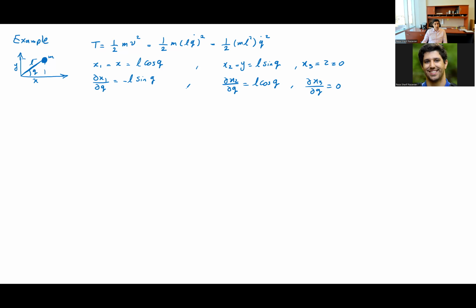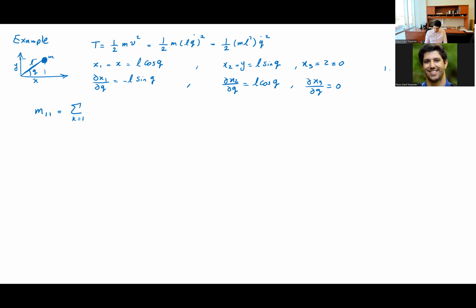I only have one particle and one generalized coordinate, so the mass equation is relatively simple. I only have m_11, because I only have one generalized coordinate. And by the definition, it is the sum over k equals 1 to n of m_k partial x_k partial q_i partial x_k partial q_j.